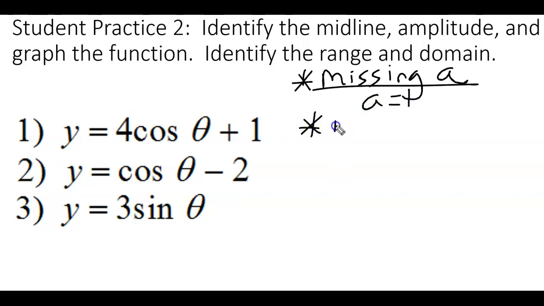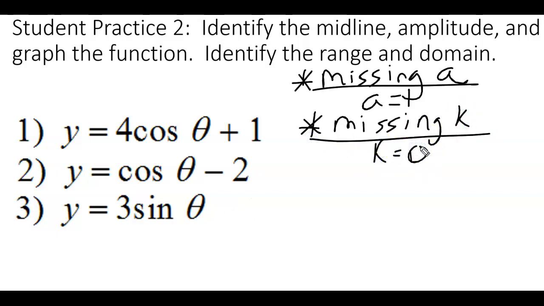And what happens if you're missing K? That would mean that K equals 0. Numbers that are missing by addition are 0. Numbers that are missing by multiplication are 1. So another little note you might want to add in notes. But go ahead and do this.